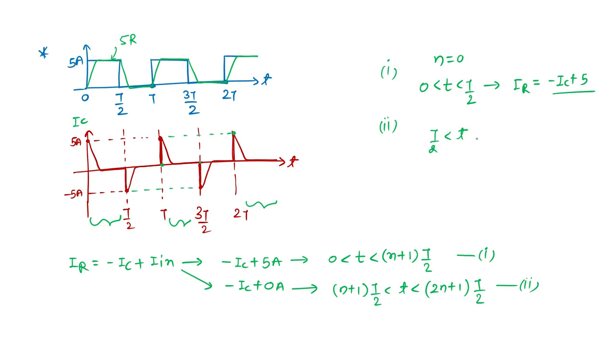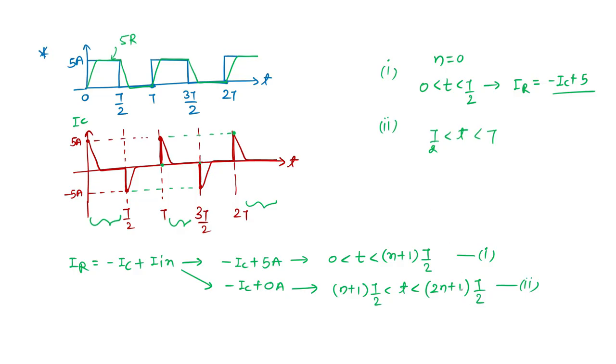So n equal to 0 means t by 2 to t. If n equal to 1, then what will happen?